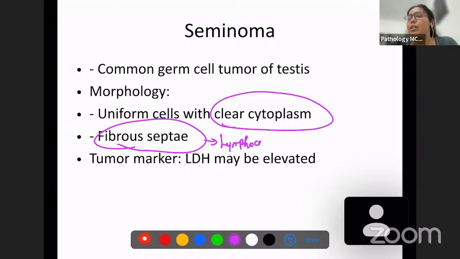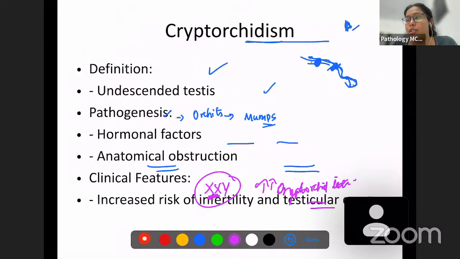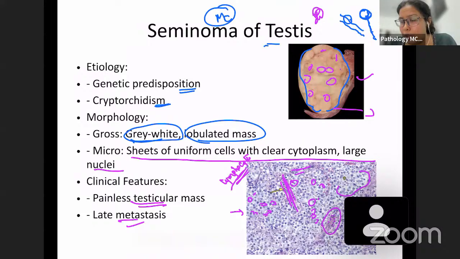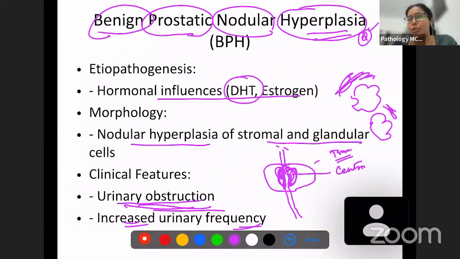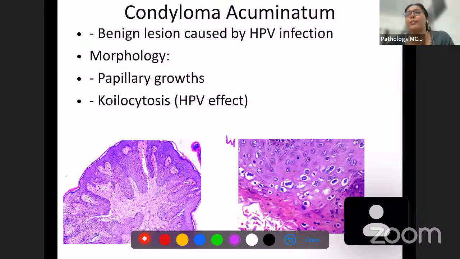This is the image which you can see here. There are tumor cells over here, and this fibrous septum has small cells. These are lymphocytes. So this is very classic for seminoma. Also, the gross is very classic for seminoma, white with small globules.